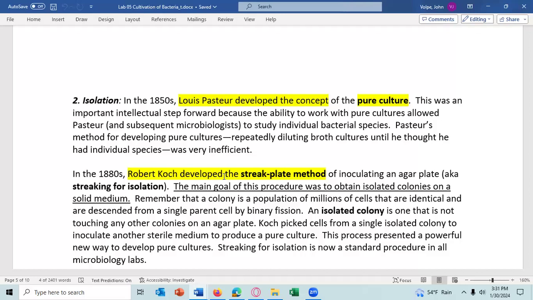And then to get his pure culture, he picked from one colony that was isolated and went through 2 colony formation events. So the chance of that being a pure culture is higher than 95%.